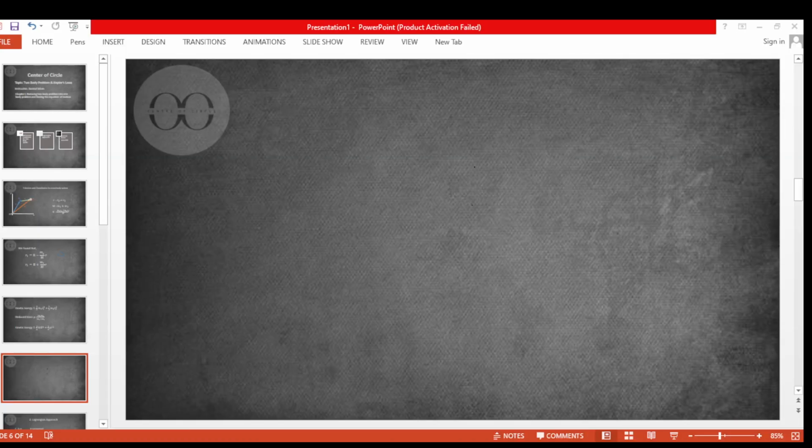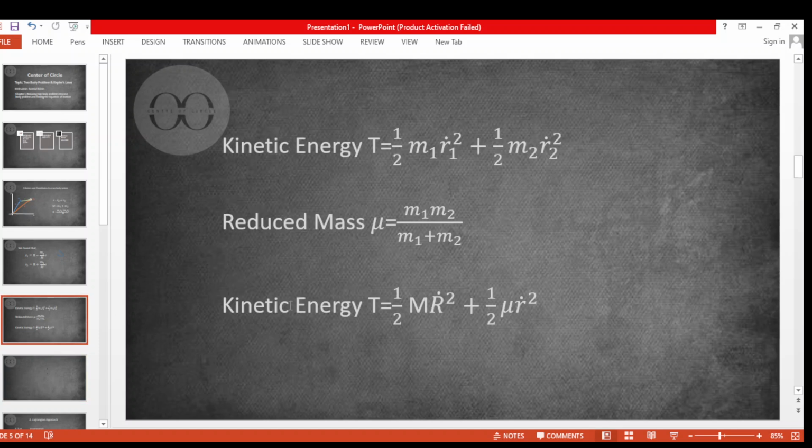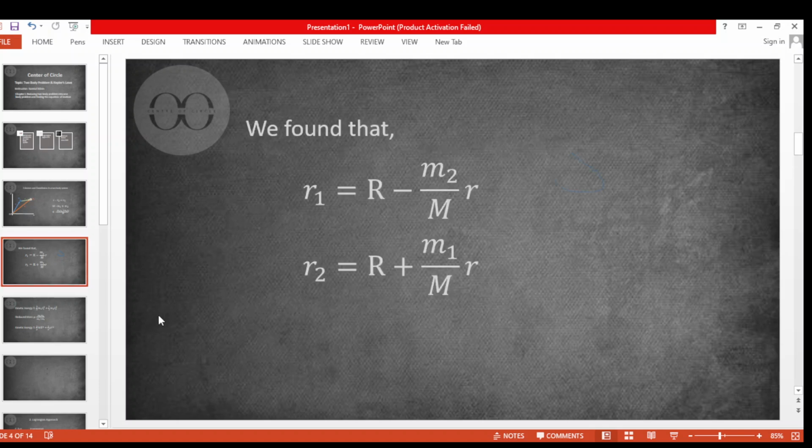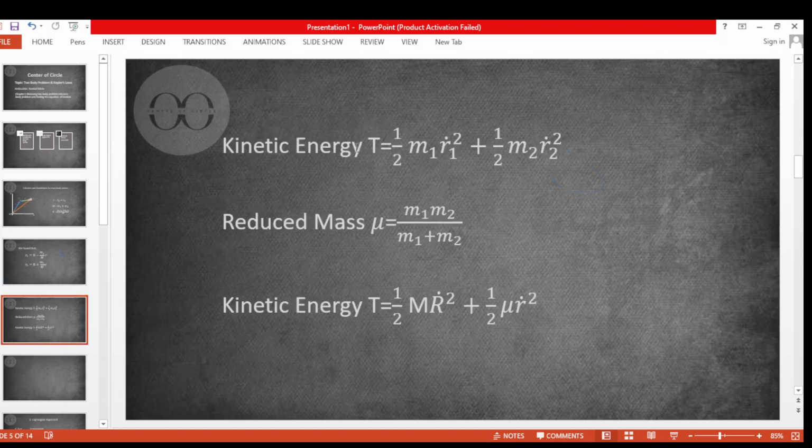We will calculate it in this page. So in this page, we will derive the equation written here, this kinetic energy equation, by substituting this r1 and r2 from here to here.